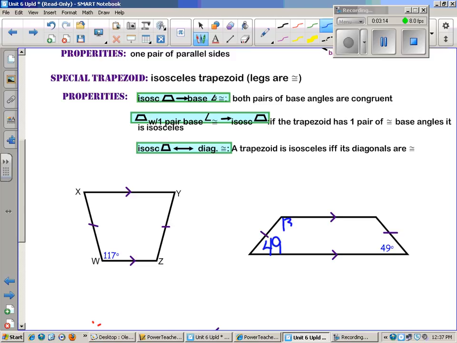Good. Right, and that one would be 131. 63, right? Because these 2 would equal 180, and these 2 would be equal. Okay?